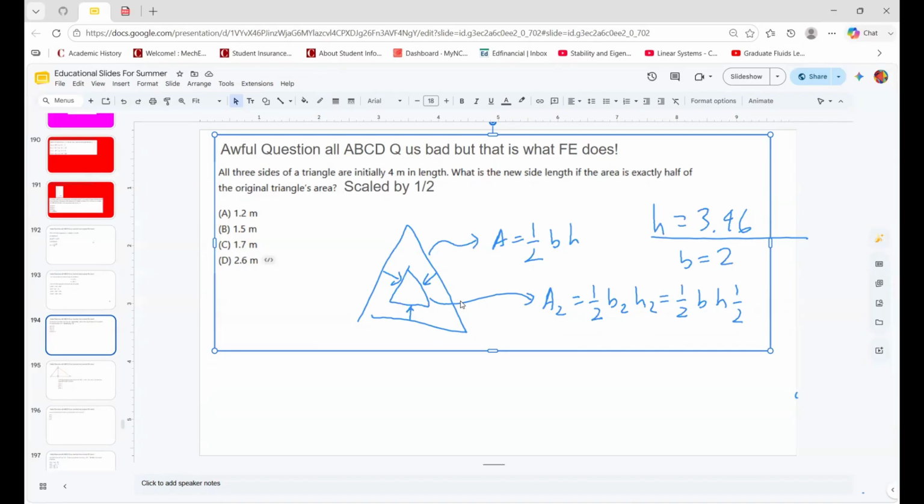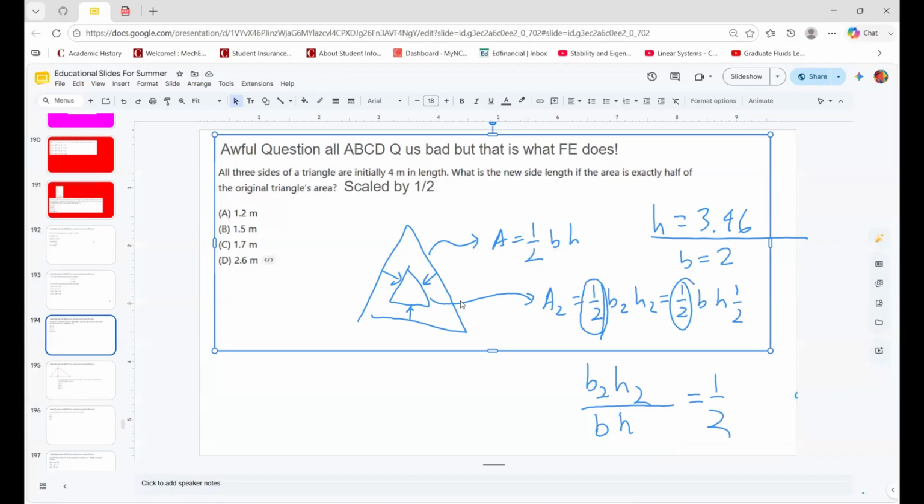So what's it looking for? It's looking for a scale factor. What else can I say about this? Is there something else I can say? Well, we can get rid of this one with this one. So B2H2 divided by BH equals 1/2. And we know the bottom. Do we know the top? Not yet.